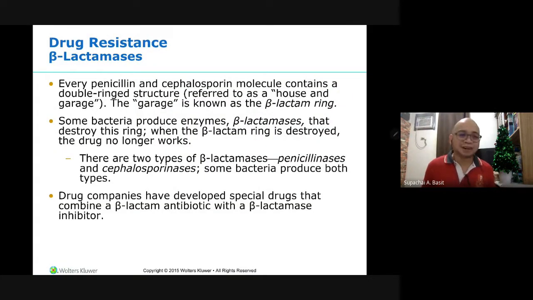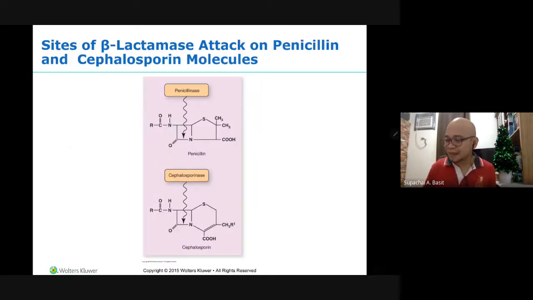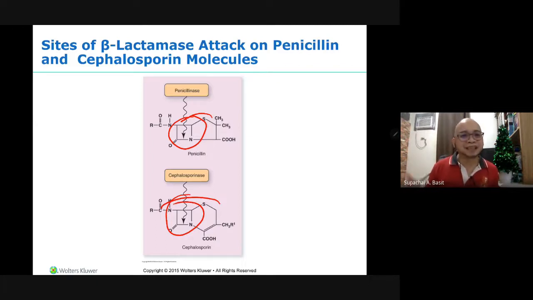Okay? So let's talk about the beta-lactamases. I've been mentioning this to you a while ago. So this is the beta-lactam ring. Okay, this is the beta-lactam ring, and this is another example of a beta-lactam ring. The beta-lactam ring is the heart of antibiotics such as penicillin and the cephalosporin groups of antibiotics.